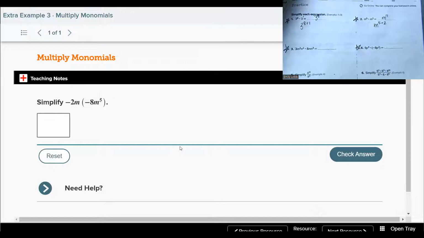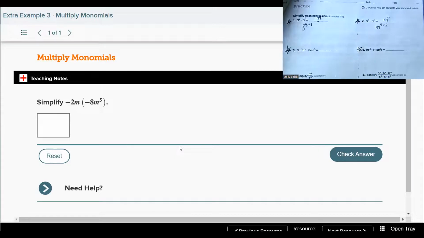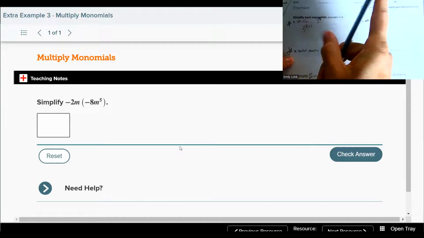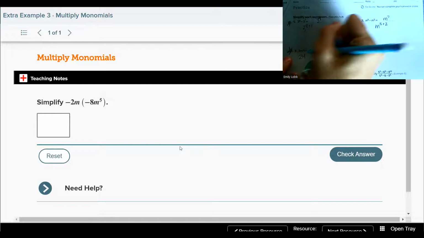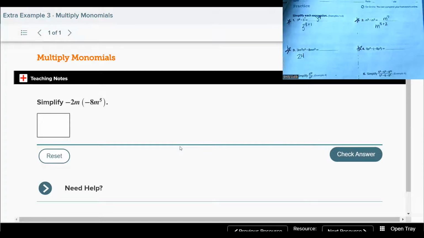All right, hopefully you've had a chance to attempt or think about these problems. Now, I always want you to start with the business in the front, right? The coefficients. So what is 3 times 8? 24, right? Now, we have to look at our similar bases.